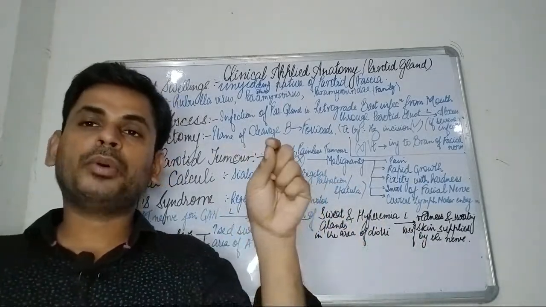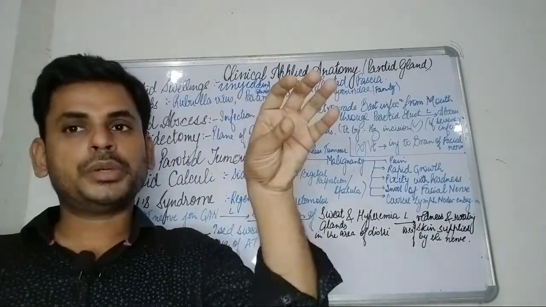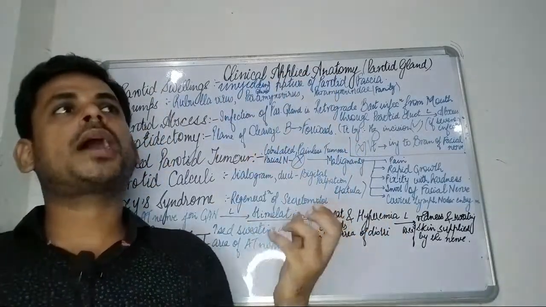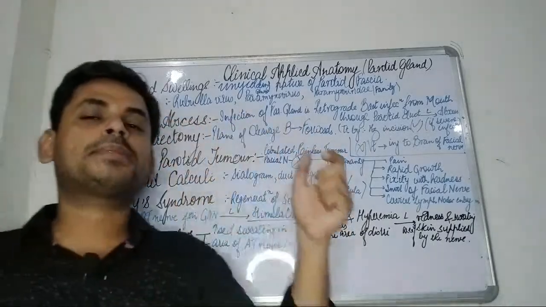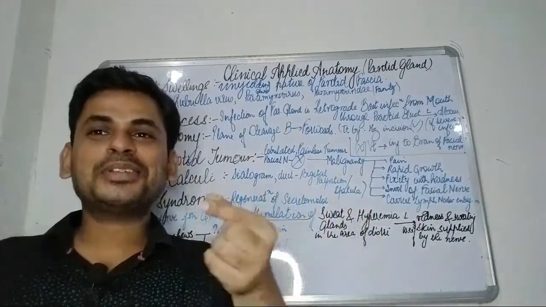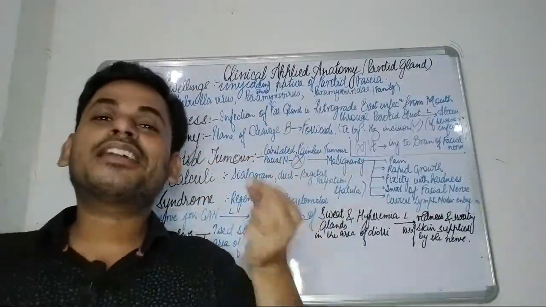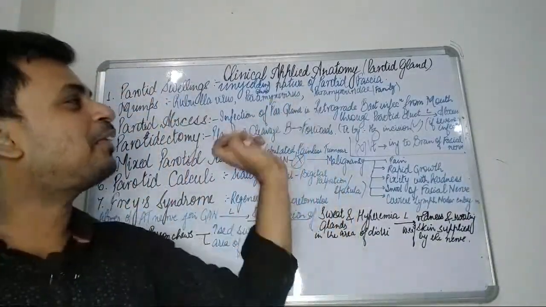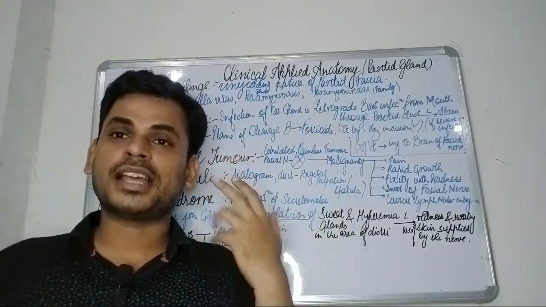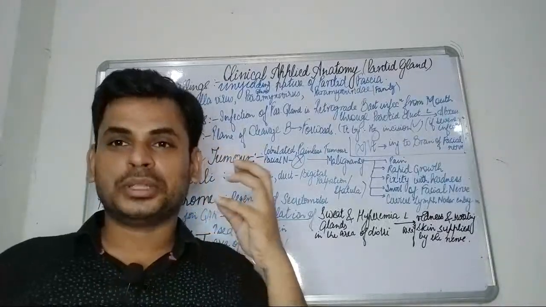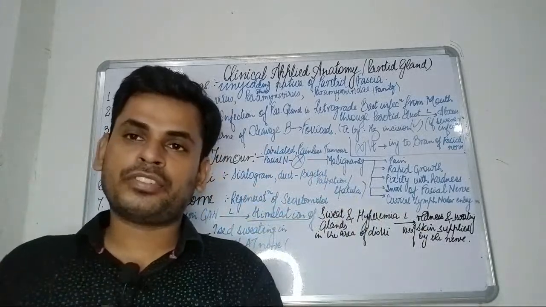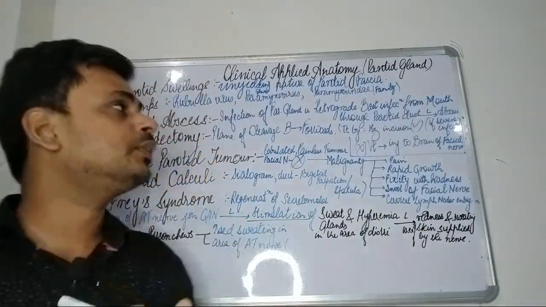In parotid abscess, the bacterial infection enters in a retrograde manner from the mouth through Stenson's duct and ultimately reaches the parotid gland. Thus it can lead to the formation of an abscess.